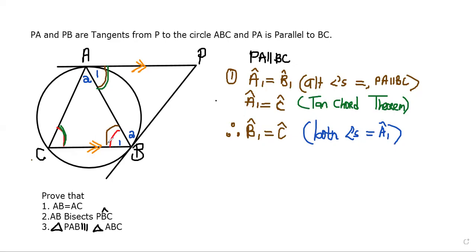That's why I told you the hint is that if you can prove that angle B1 is equal to angle C, you will have proved it.